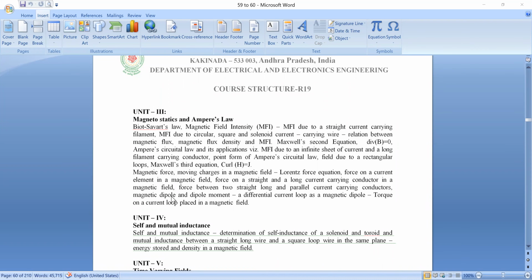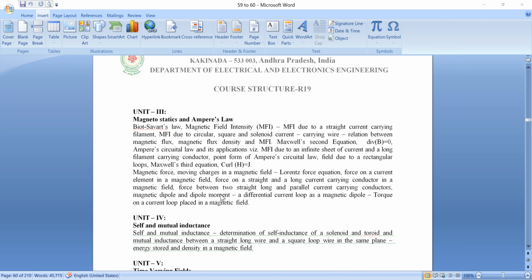How the magnetic dipole is formed, the dipole moment of the dipole, and the differential current loop developed by the magnetic dipole. The same way as we discussed in the second chapter for the electric dipole, and also the torque acting on a current loop placed in a magnetic field.